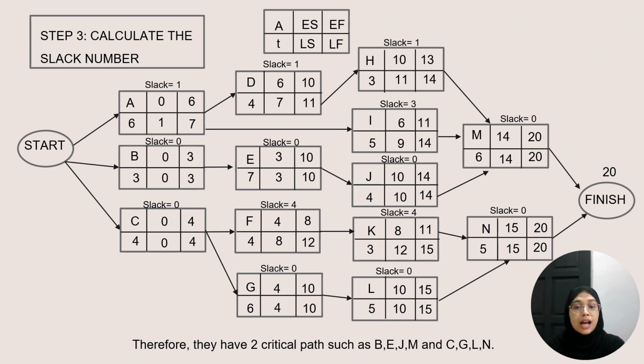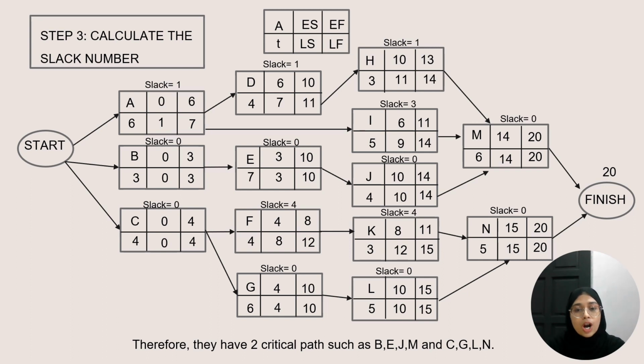Activity I, the slack is 3. Activity J, the slack is 0. Activity K, the slack is 4. Activity L, the slack is 0. Activity M, the slack is 0. And lastly, activity N, the slack is 0.